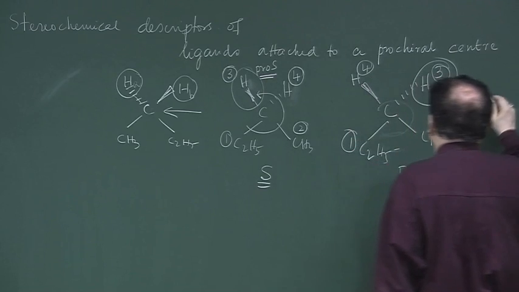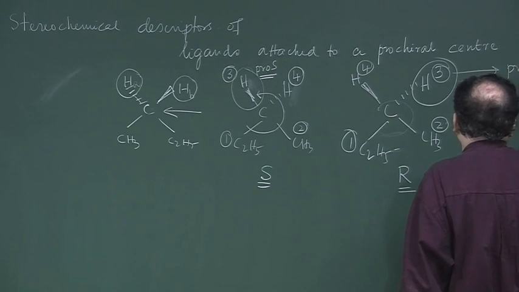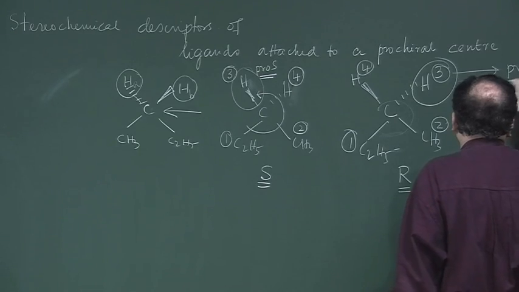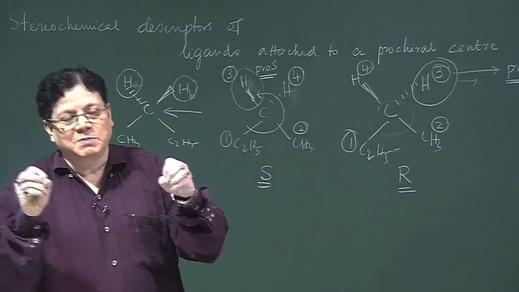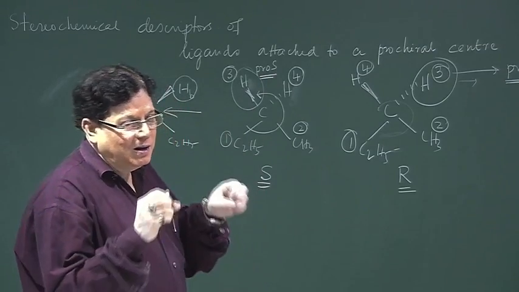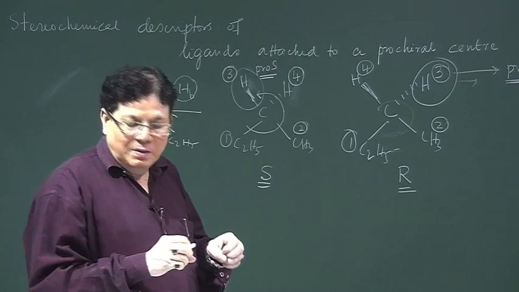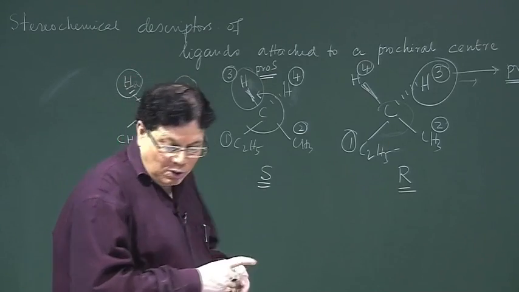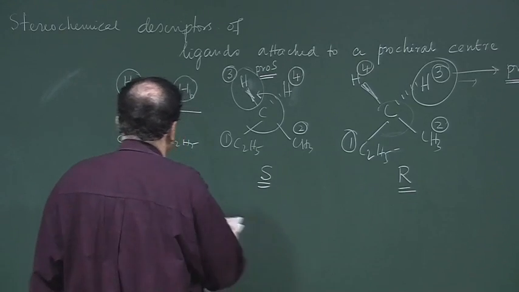So, if that be the case, then you call this hydrogen pro-R. So, pro-R and pro-S are the descriptors given to the ligands attached to a prochiral center. Remember, it is not always hydrogen, it can be any other group. I give you another example.